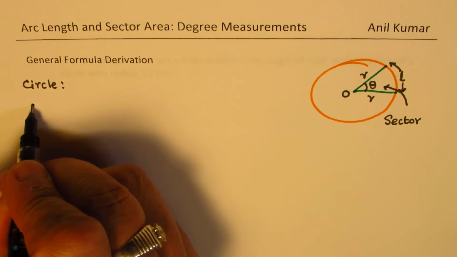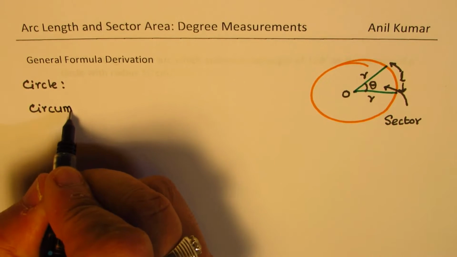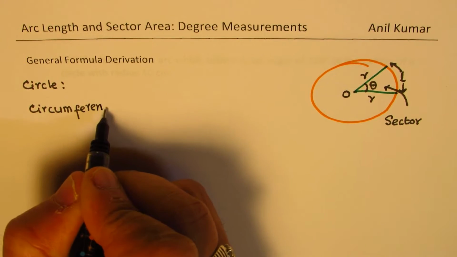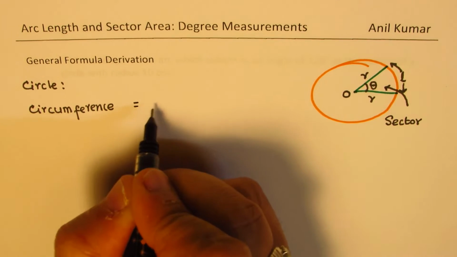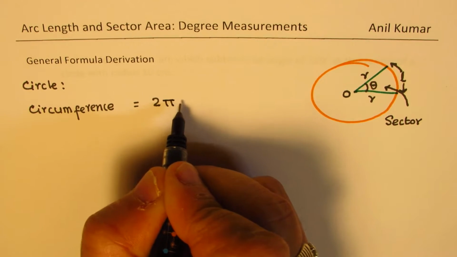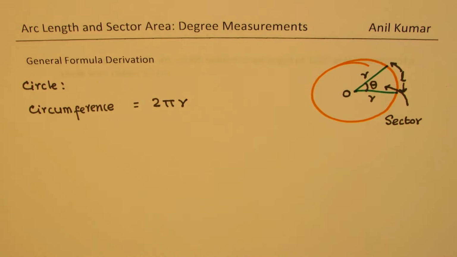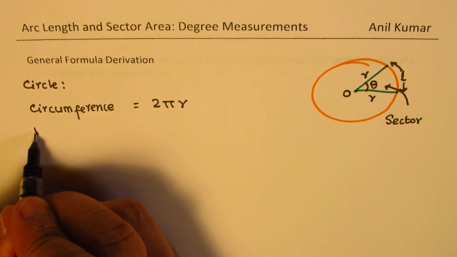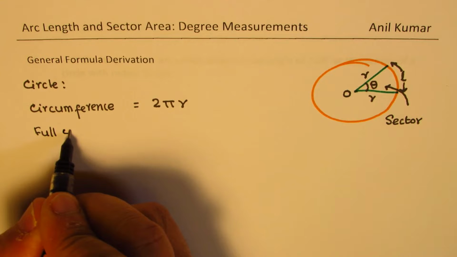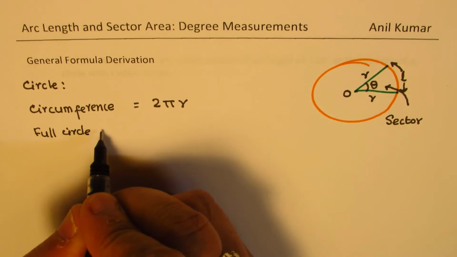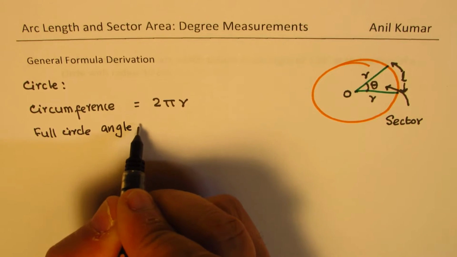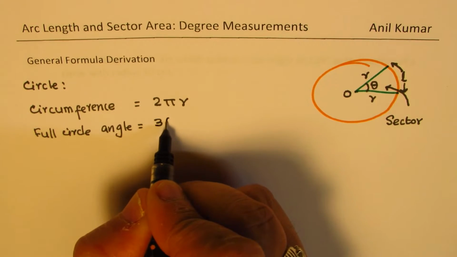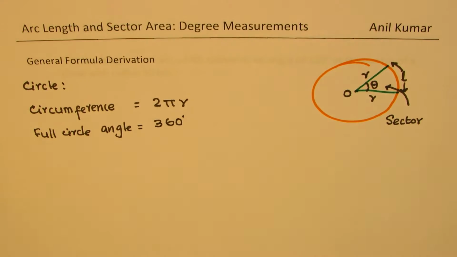So in a circle, what is the circumference? Well, the circumference is 2 pi r, correct? The circumference is 2 pi r. Now, in a circle, full circle is how much? Full circle angle. Well, full circle angle is 360 degrees. Now, what are we interested in?